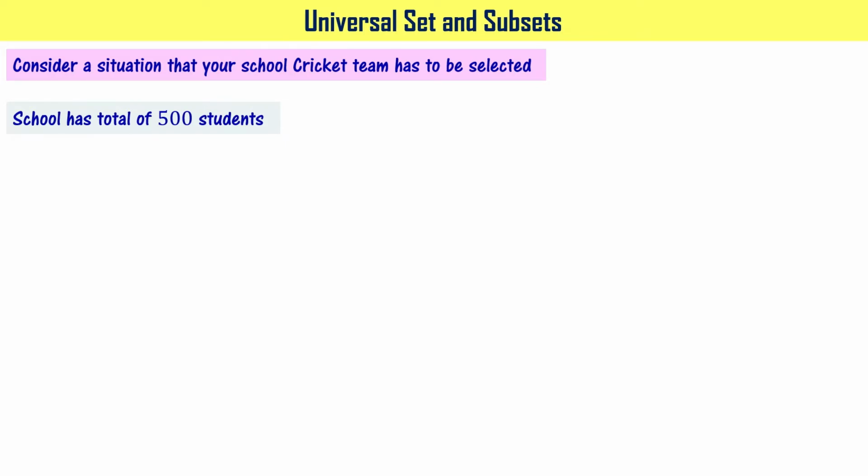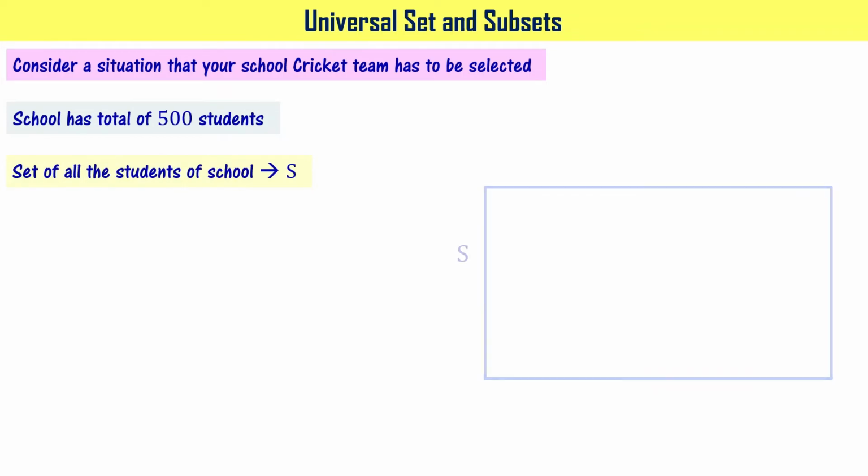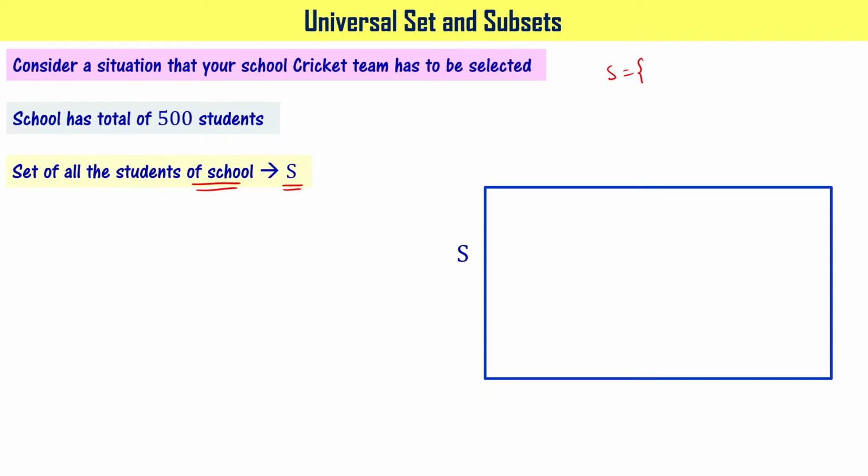If you want to represent these 500 students using a set in pictorial fashion, you can draw like this. Set of all students of the school, the name given is S. S is a set of all the students of the school. Elements of S can be roll numbers, class numbers or names, doesn't matter.